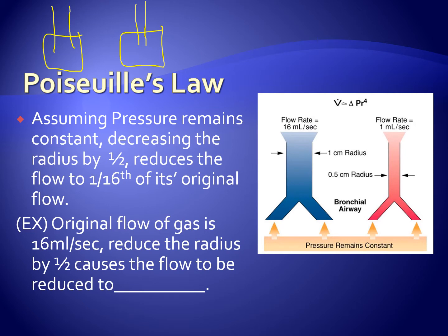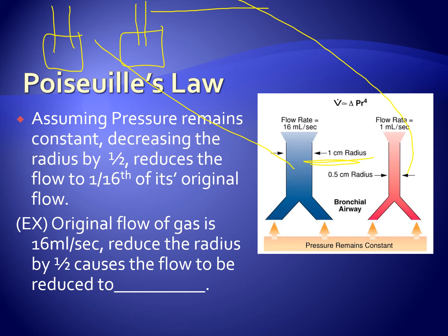What does that mean? Over here, I can just use the numbers from the example. I have a 1 centimeter radius straw, and over here I have a 0.5 centimeter radius straw. So I have a smaller straw and a big straw. Now I go from a big straw to a small straw. My big straw falls on the floor. All they got are small straws, and it's half the radius.